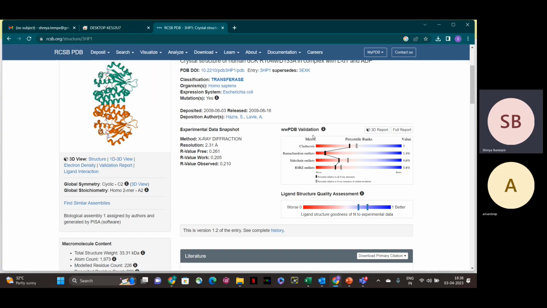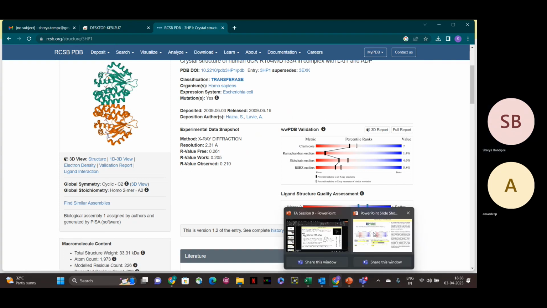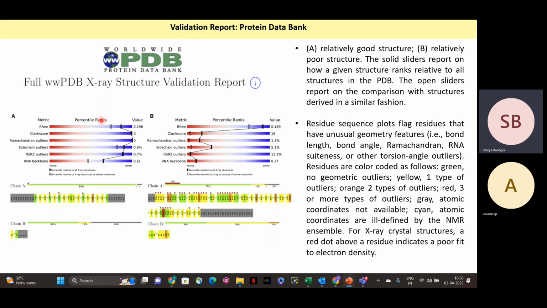So this is called a validation report. If you see this slide, this is comparing a good and a bad structure. In the good structure, most of these points are towards the blue end of the columns, which means it is a good structure. Whereas in the bad structure, most of these points are towards the red end of the spectrum, and so it is a bad structure. These sliders report on how good the structure is relative to all the structures present in the PDB.